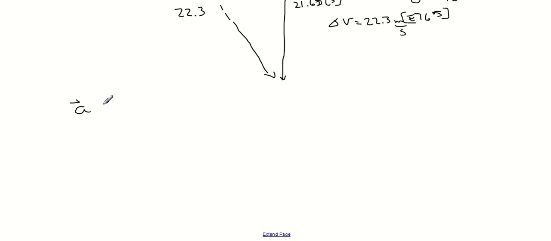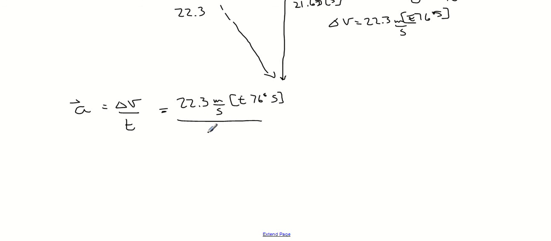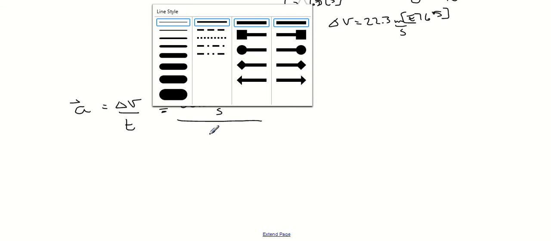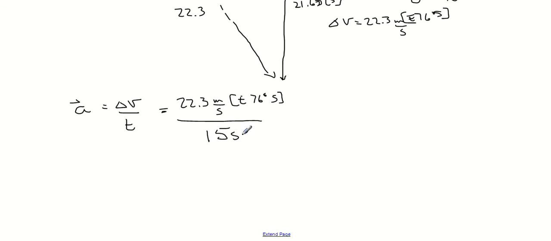Obviously with delta V done, that's great, but the problem requires us to find acceleration. So we need delta V all over t. So we'll take 22.3 meters per second east, 76 degrees south, and we'll divide that by the amount of time over which this occurred, and that was 15 seconds.